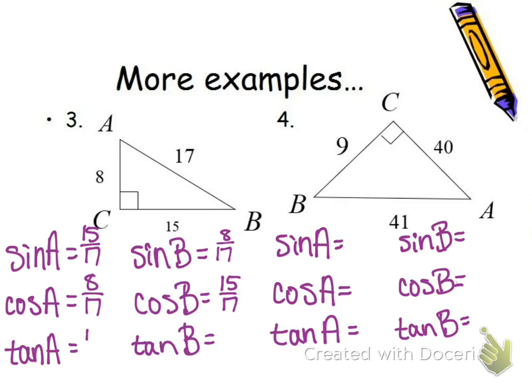15 over 8, which makes the tangent of B 8 over 15. Number 4, the sine of A. Opposite over hypotenuse.